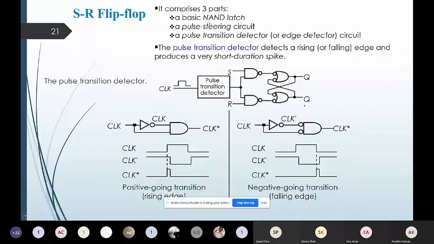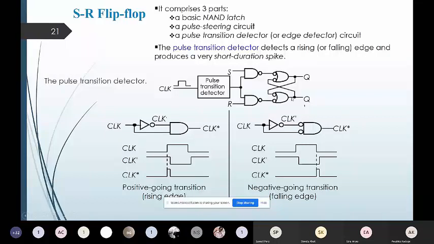As the name suggests, this component acts as a latch. Latch means it simply transfers the value when the control signal is enabled. The next part of the circuit is the pulse steering circuit. The bubbled OR gate you are observing after the NAND gate is the pulse steering circuit.